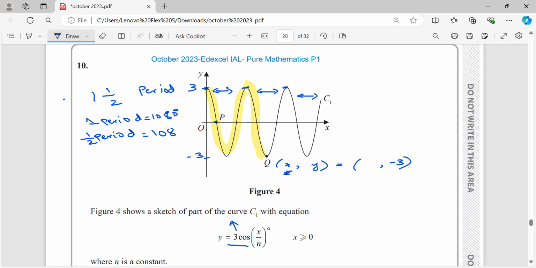So 1080 divided by 2 is 540 degrees. So to get to know what is Q, the x value for Q is 1080 plus 540, and that equals 1620. So x here for Q is 1620.